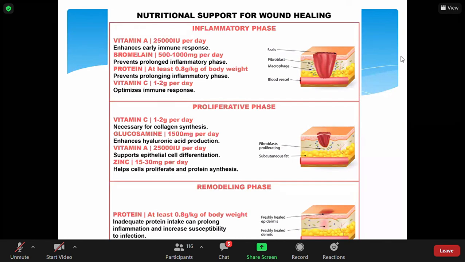Zinc helps cells proliferate and protein synthesis. And then the last, remodeling phase, you need protein, much protein. If you have inadequate protein intake, then the wound will take longer to heal.